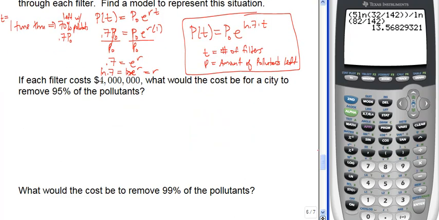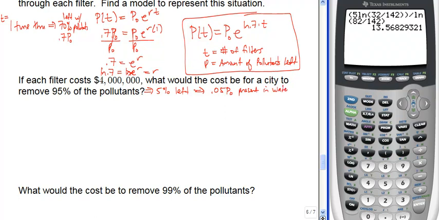Well, if we want our water to be 95% free of pollutants, then how many pollutants would be left in the water still? If it's 95% gone, that means we'd have 5% left. In other words, we would have 0.05 of the original amount present still in the water.